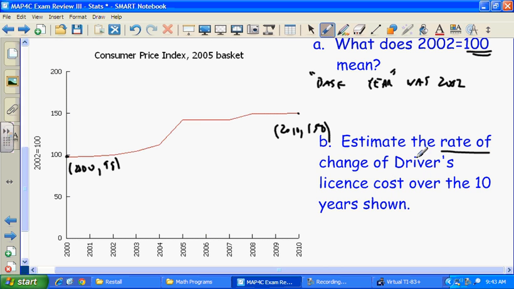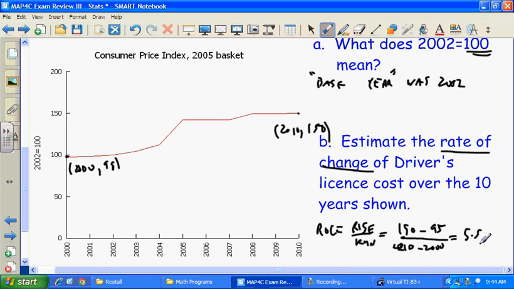And so the rate of change is rise over run, and you're welcome to use rise over run or y2 minus y1 or whatever, is 150 minus 95 over 2010 subtract 2000. Jam that into a calculator, and you get about 5.5 points per year. And it's not percent, it's points per year.